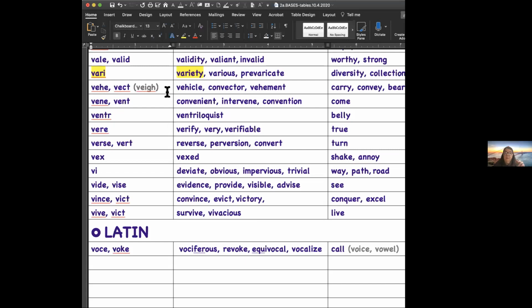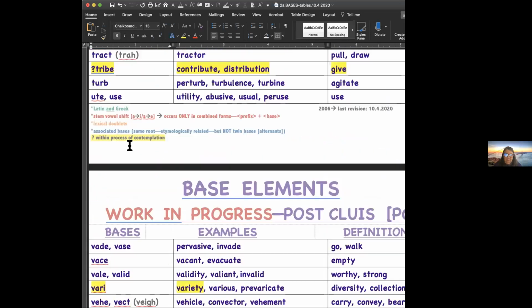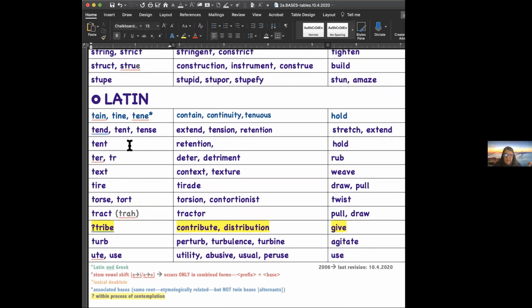But okay, so what I would do in that sense is go to the word searcher and ask for all the words that just have ter. But in terrarium, the ter is a base. Hold on, let me find it. This is a different base. I have to find it, and I'm going to have to unshare and then show you, because I don't have that one in here.